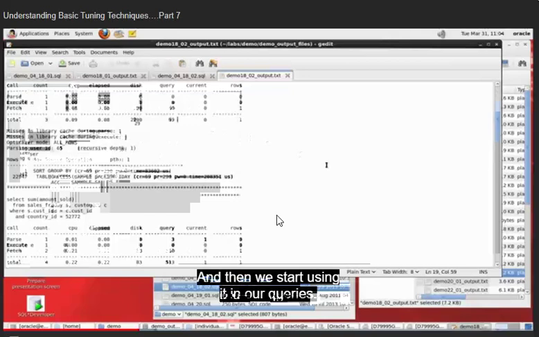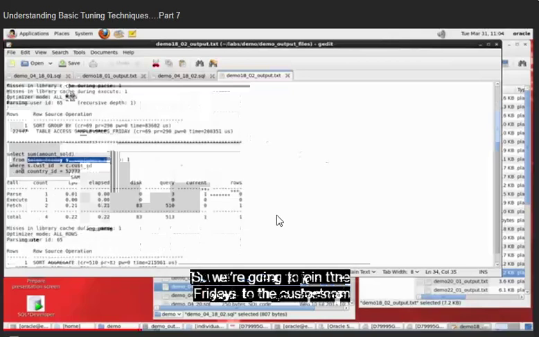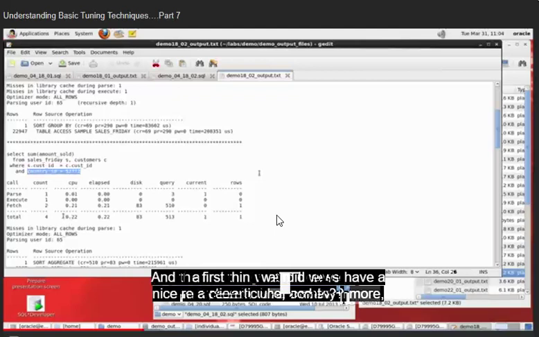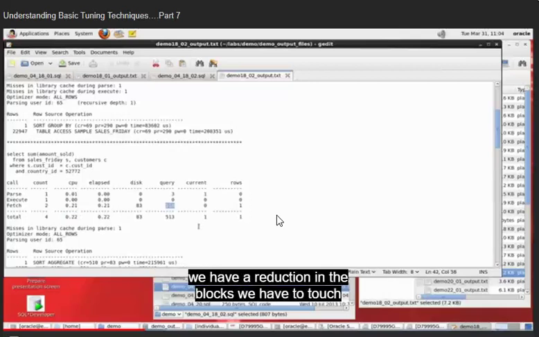And the first thing we notice, we have a nice reduction in time, and even more, we have a reduction in the I/O, in the blocks we have to touch in memory, the logical I/Os we need to do to solve the query. So this one, instead of taking over 2 seconds, we now complete it in less than a quarter of a second.